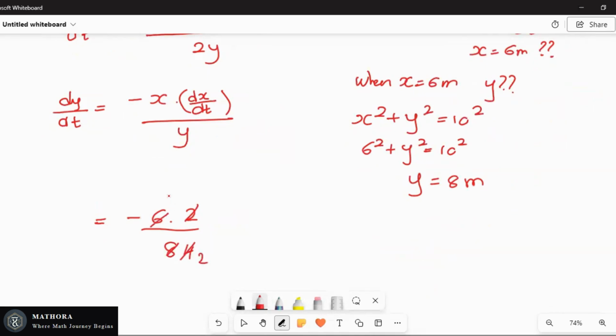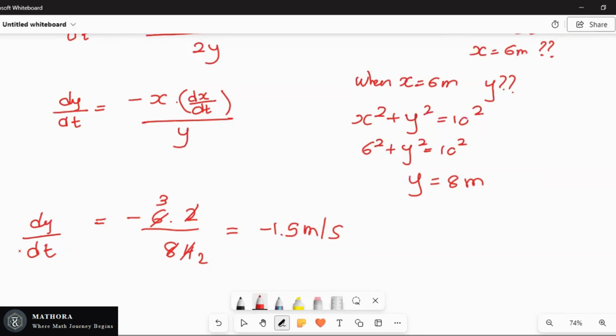That means 2, and this is 3. So 3 divided by 2 is negative 1.5. And it's going to be meters per second. So the top of the ladder is sliding down at 1.5 meters per second when x is 6 meters.